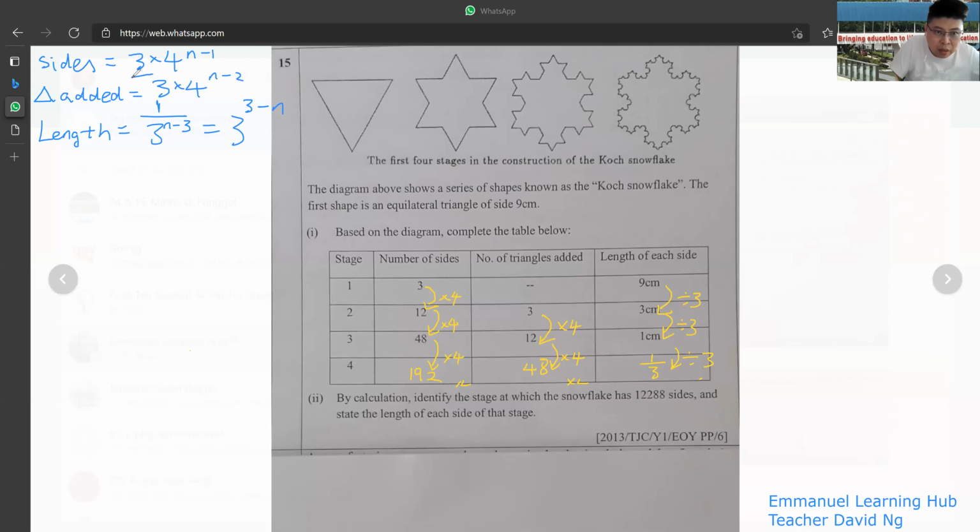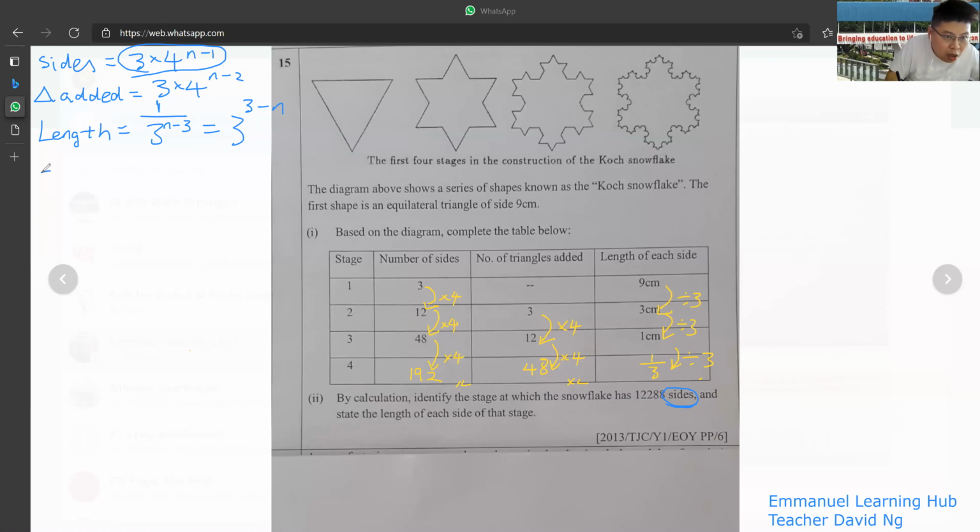So I'm going to look at the first formula, because there are so many formulas, right? Especially the first two, it's quite easy to use the wrong one. So you have to use the correct one. They say sides, so you have to use this part.